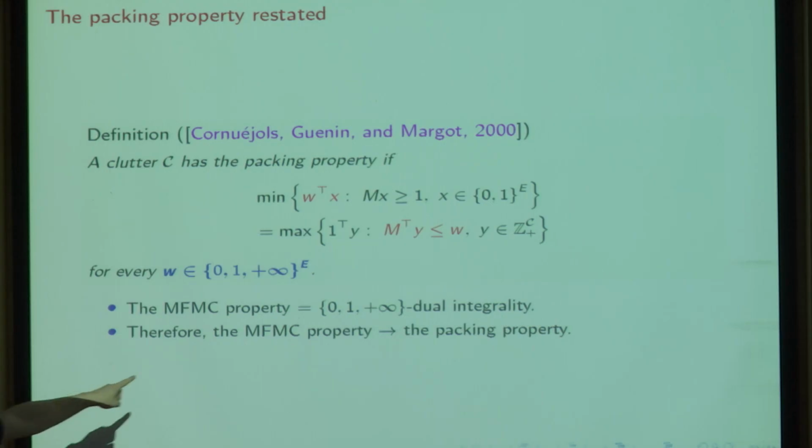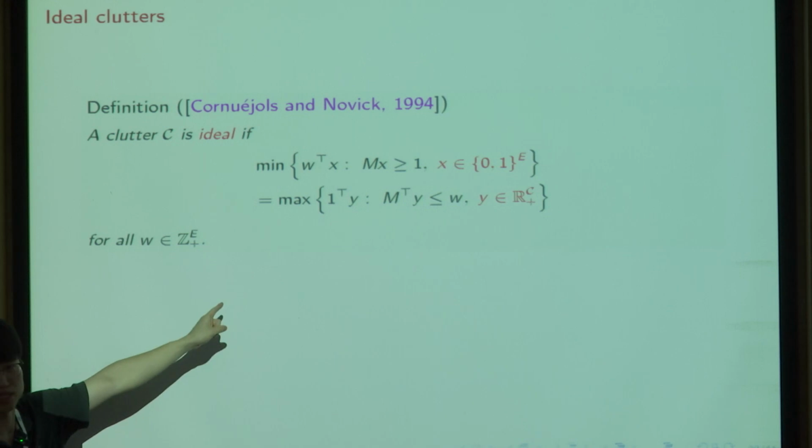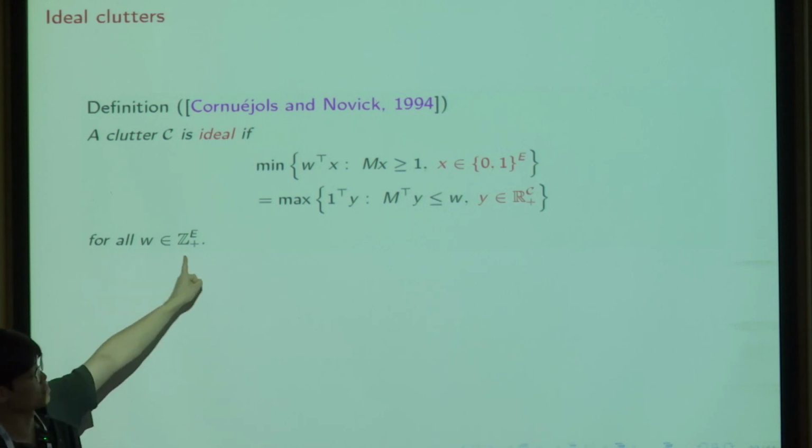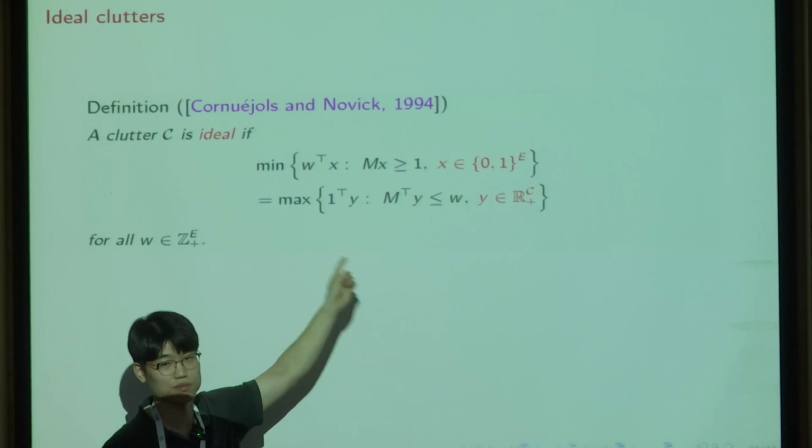Which means that the MFMC property implies the packing property. And now let's define the idealness. I said that it's equivalent to primal integrality. So we say that a clutter is ideal if this thing is whole, for any non-negative integer weight. So I have this dual linear program.